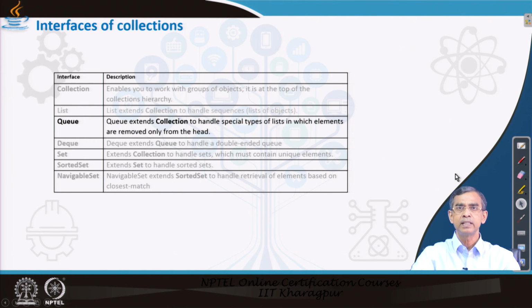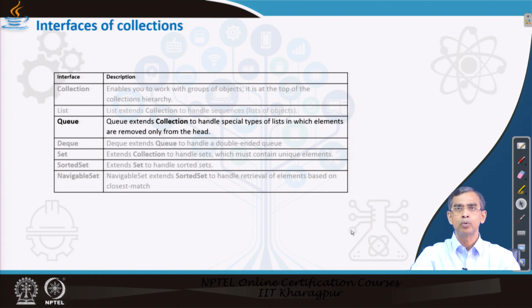Likewise, queue is another structure. A queue is a special data structure which allows you to insert only at one end and delete from the other end. It is called insert at the rear position and delete from the front position.